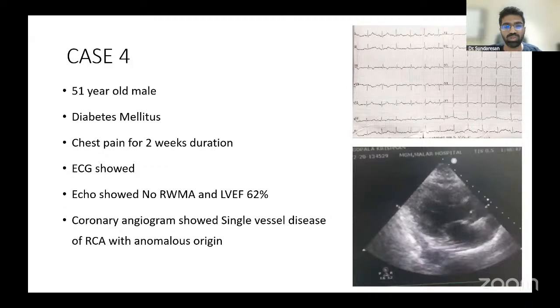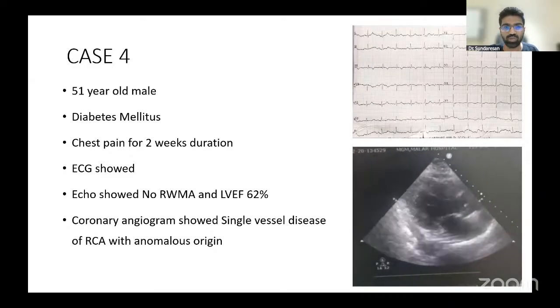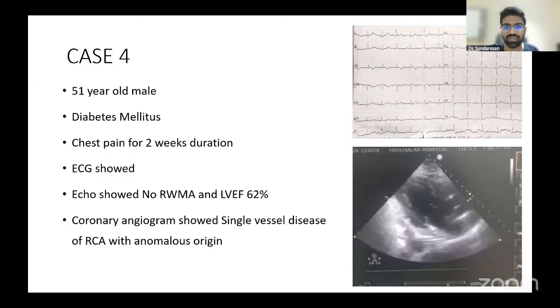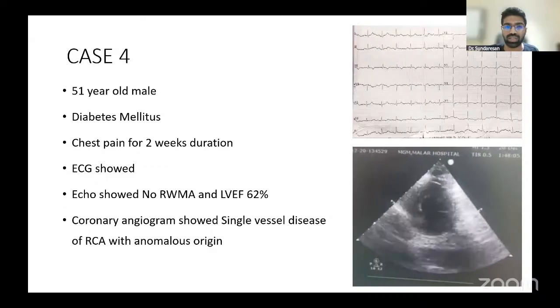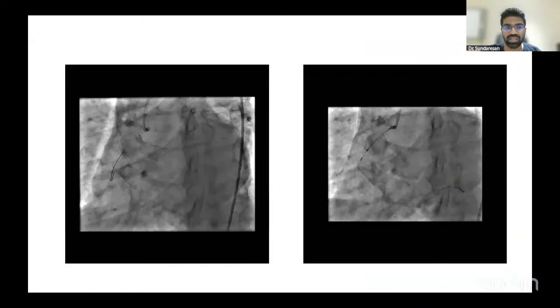And moving on to a fourth case, this is a case which was done today. A 50-year-old male, known diabetic, presented with chest pain for 2 weeks duration. Again, ECG showed ST depression with T inversion in inferior leads, but there was no RWMA, and ejection fraction was 62. And angiogram showed single vessel disease of LAD, and there was an anomalous RCA with a high posterior origin.